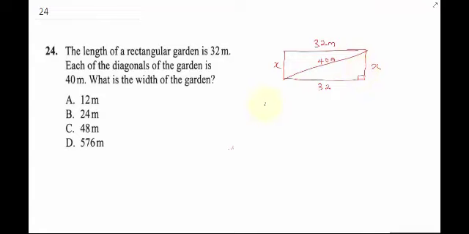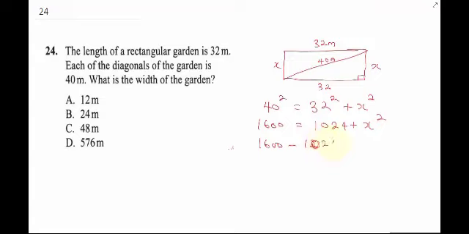So this is 40 square. Using your Pythagoras theorem, your hypotenuse square is equal to 32 square plus x square. So 40 square is going to give us 1600, and 32 square is going to give us 1024 plus x square. Now collecting like terms, 1024 coming over will become negative.